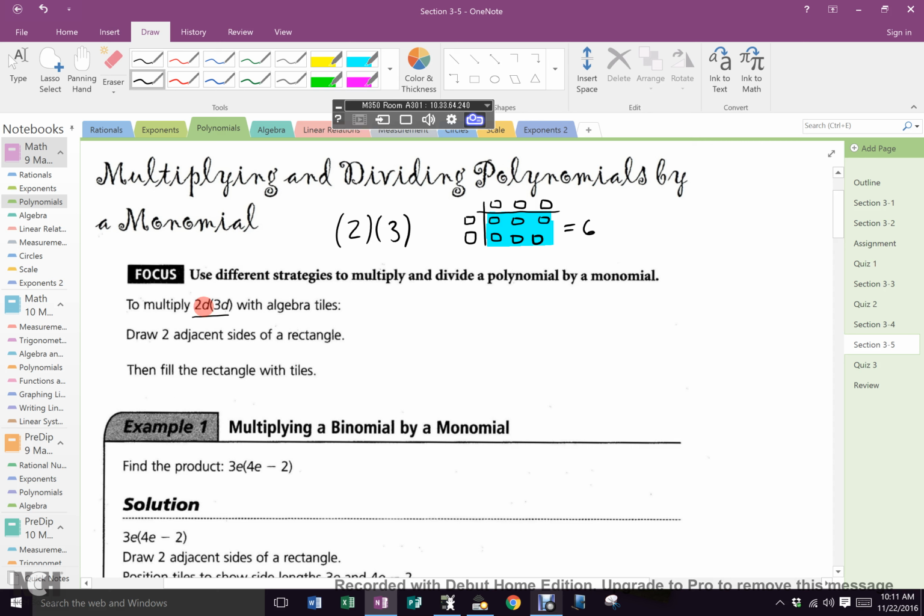So if I asked you to draw 2D times 3D, what would the rectangle look like? What would be down the side? It wouldn't be 2, it would be 2 what? D. How do we draw a single variable? We've been doing this to death, guys.